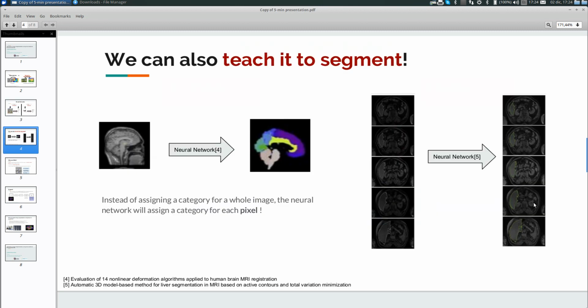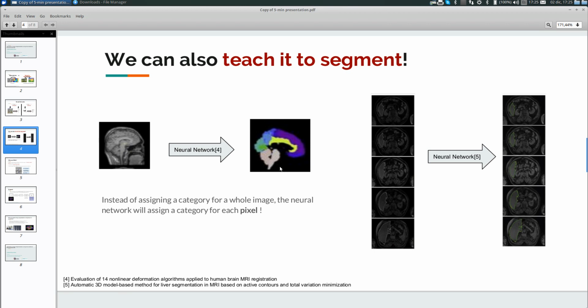Following the previous example of teaching a neural network how to figure out a label of an entire image, we can also teach it to segment. In this case, instead of teaching the neural network to assign a category to an entire image, we teach it to give a category for each pixel. We are illustrating this with examples from the medical field.